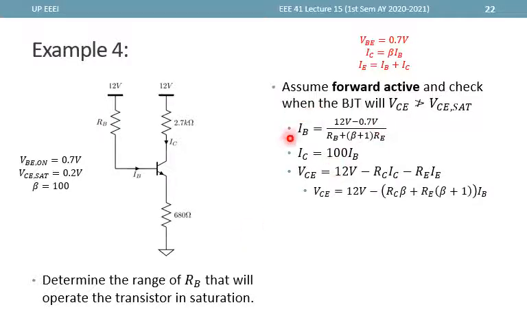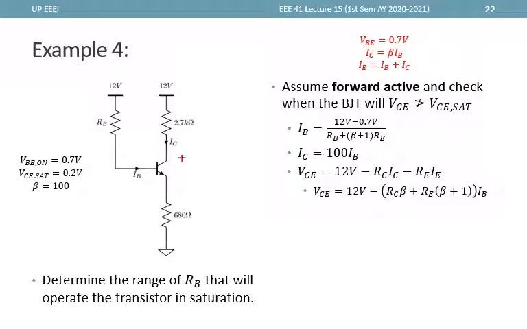Okay, so we basically have that equation with IB isolated, and we can multiply by beta, which is 100, to get IC. And since we want to get the range where VCE is less than VCE SAT, we need to get an expression for VCE.